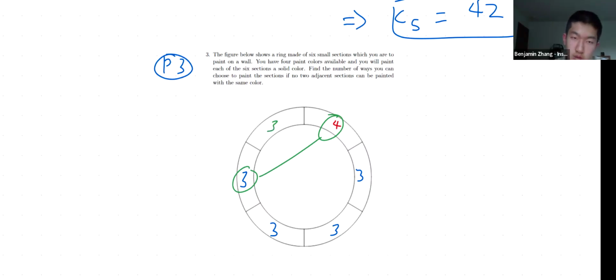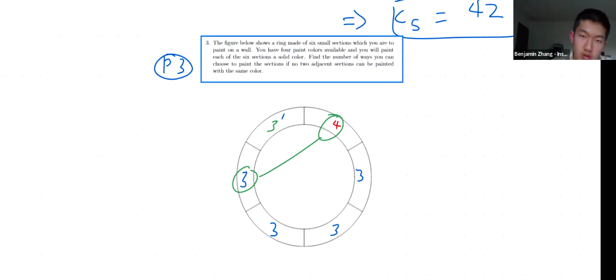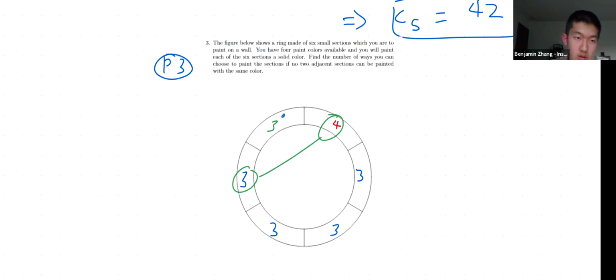So this is why direct counting doesn't work.